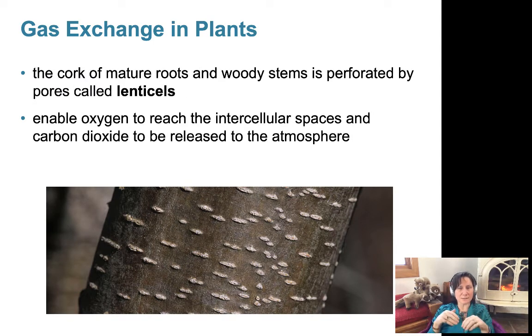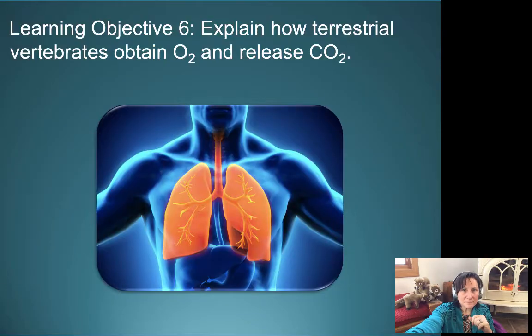So these lenticels perforate the tougher layers, and it enables oxygen to reach those intercellular spaces and to release carbon dioxide. I think I just said that in the opposite direction. So, to take up carbon dioxide and release oxygen. Anyway, either way, gas exchange is occurring through those lenticels.